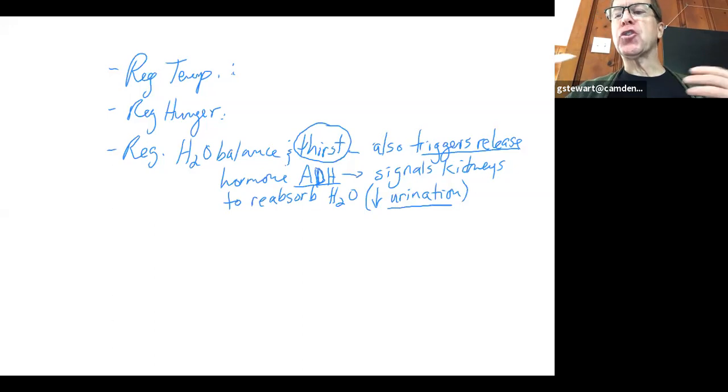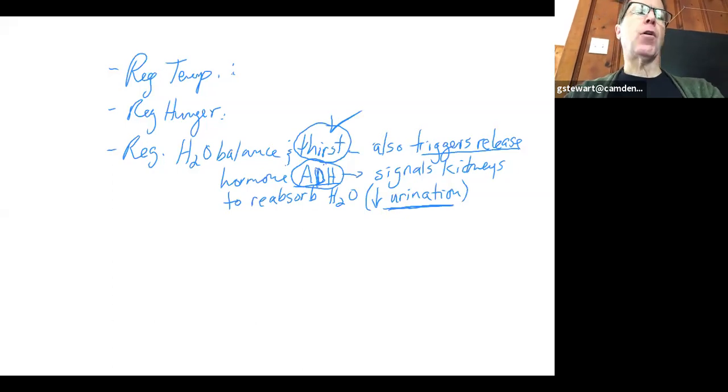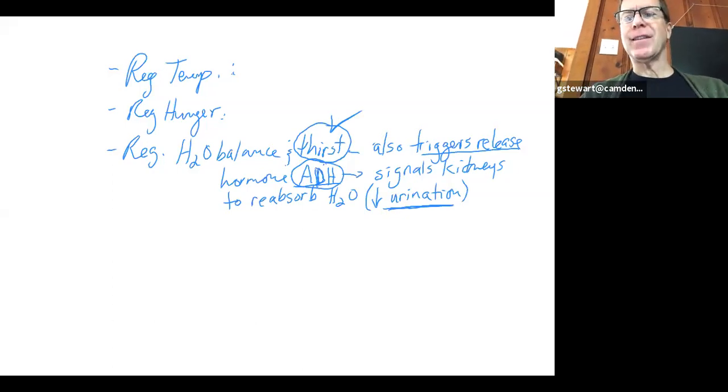That conserves fluid because we're dehydrated. This is a life-saving mechanism, and so is the release of ADH. Because fluid intake is almost constantly necessary in order to maintain homeostasis.